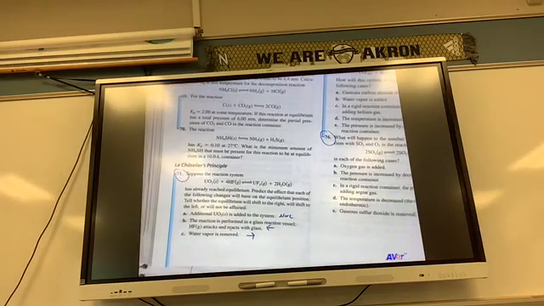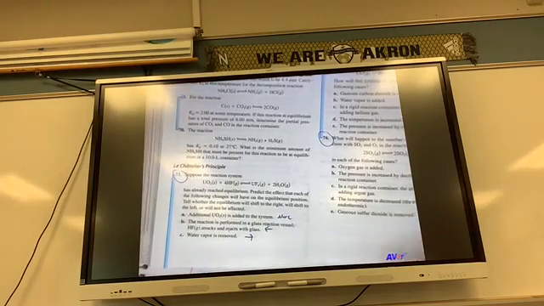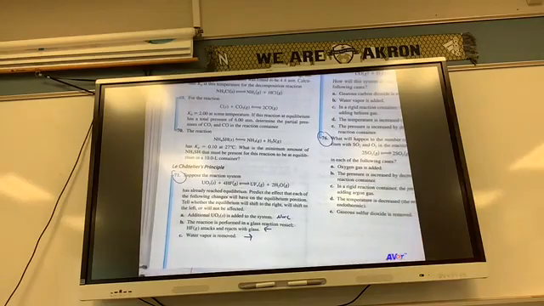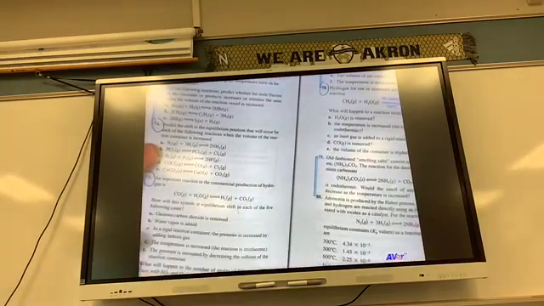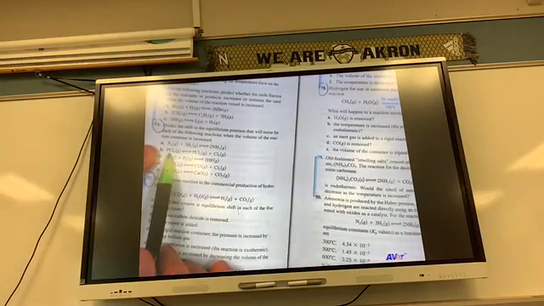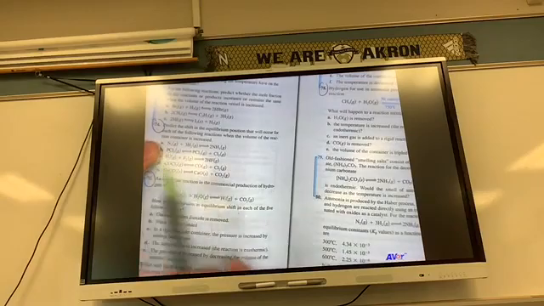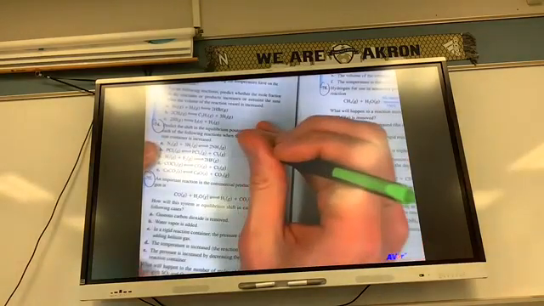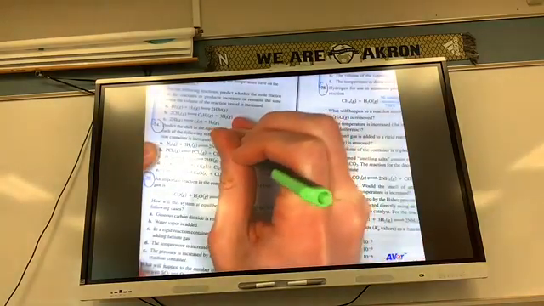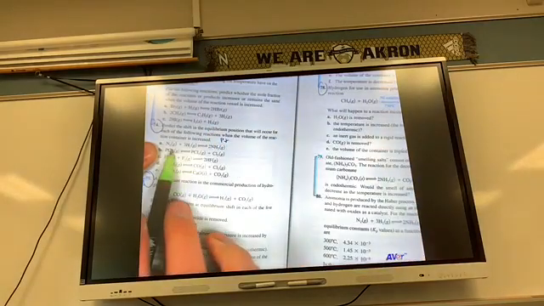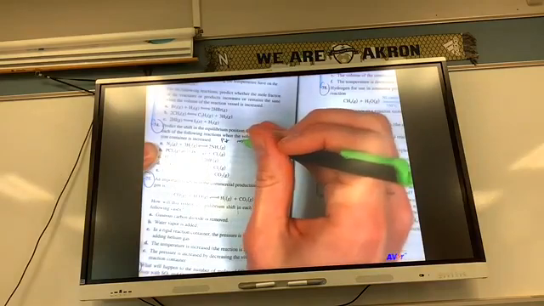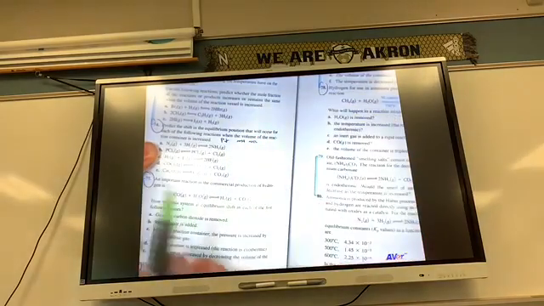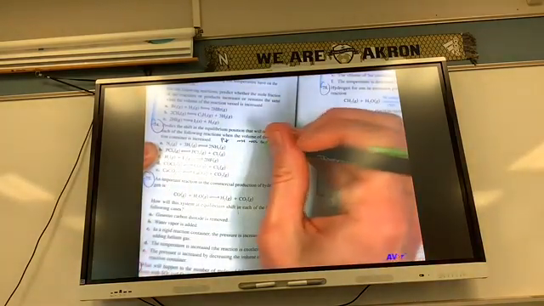Next one is 74. So 74A. On this one, predict the shift in equilibrium as volume is increased. If the volume is increased, that means the pressure is decreased, which means it's going to shift to the side with the most moles of gas.